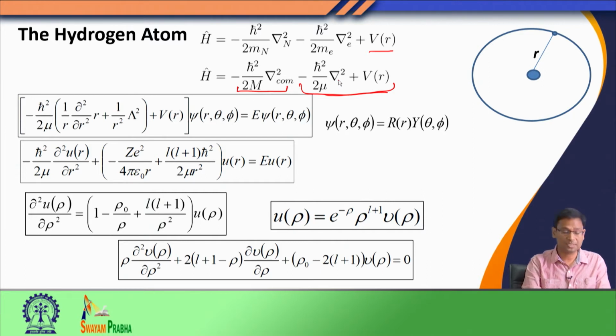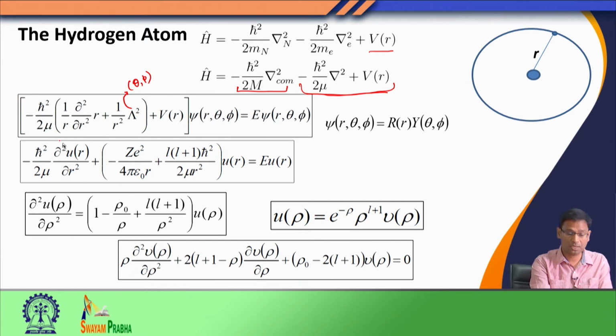So, we started from this Hamiltonian and we wrote down the Schrodinger equation, where this Laplacian is expressed in terms of spherical coordinates, where r is the radial part and this lambda square, which is the Legendrian function, depends on theta and phi, the two angular coordinates of our system.